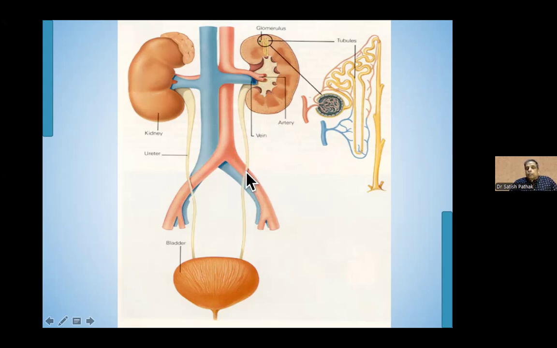At this crossing there is a little narrowing of the ureter, and at the entrance of the bladder it is also a little narrowed. So the diameter of the stone should be less than the diameter of the ureter over here and over here. Otherwise, suppose there is a 6 millimeter stone, it will get stuck over here. It will not go ahead.